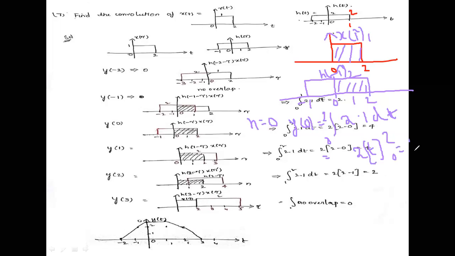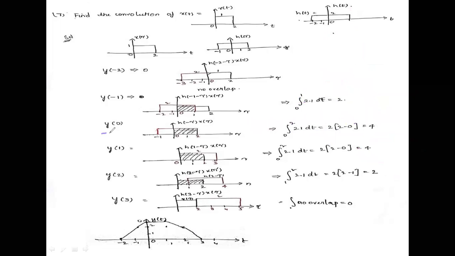The value is 2 minus 0 into 2, which is 4. When n is equal to 0, we got 4. You see here, when n is equal to 0, y of 0 is 4. When n is equal to 1, the h of 1 minus tau.